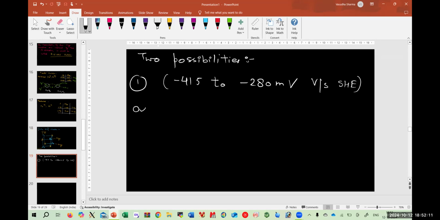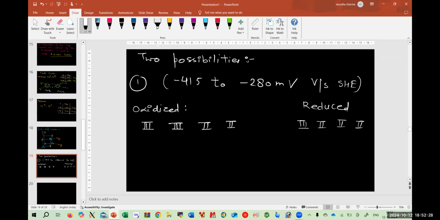In the oxidized form, it exists as Fe3+, 2 Fe2+ and in the reduced form as 1 Fe3+, 3 Fe2+.